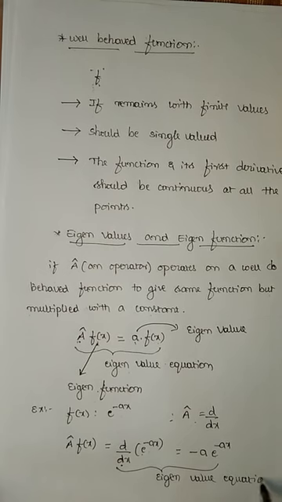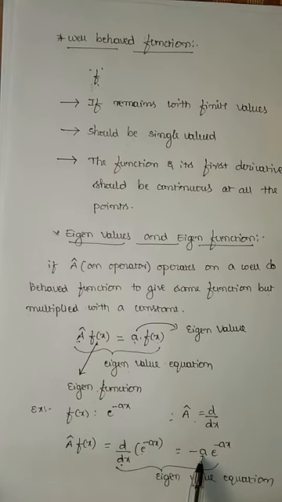Hope you understood. Here the constant multiplied with the function is minus a, and this is the eigenvalue. The function on which the operator d by dx is operating, e power minus ax, is the eigenfunction. Clear? So minus a is the eigenvalue, and e power minus ax is the eigenfunction.